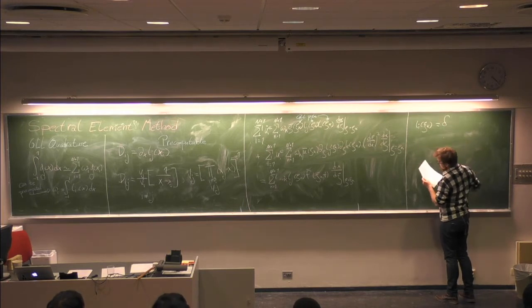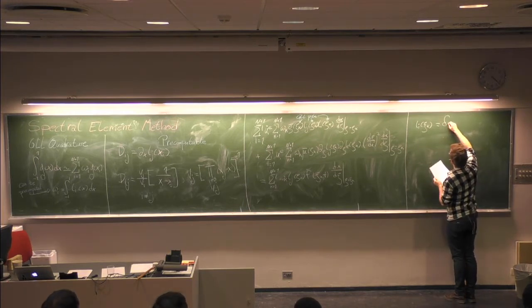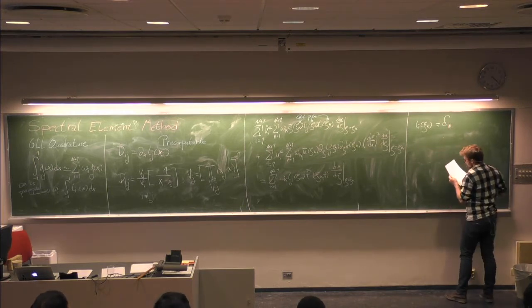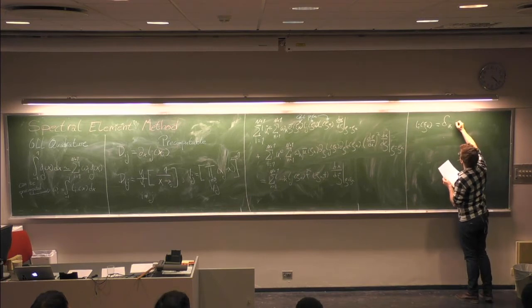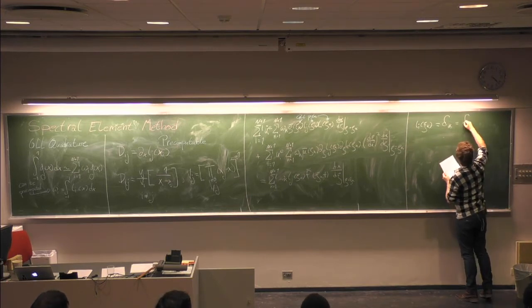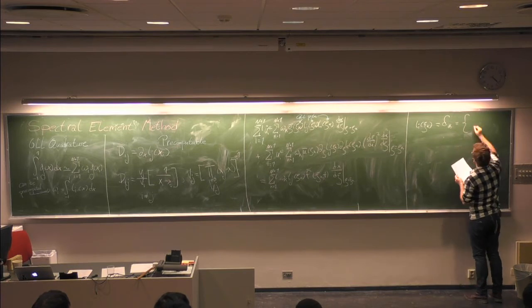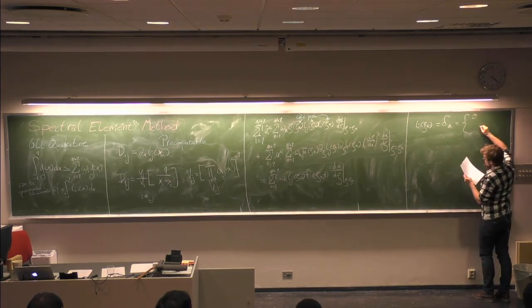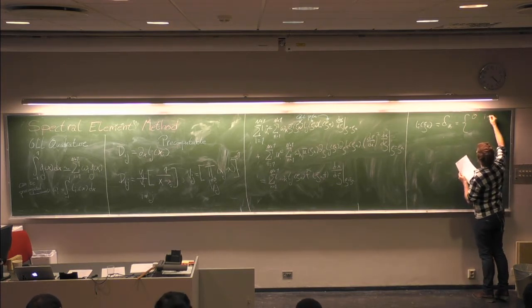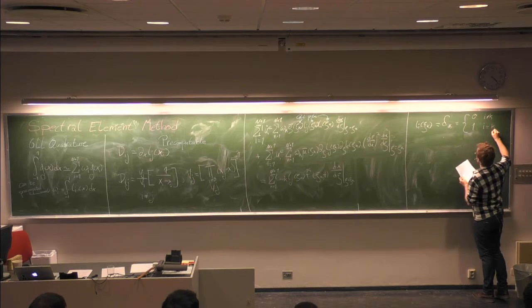This is equal to the delta function, sometimes called Dirac's delta, I guess. So this is 0 when i is not equal to k, and 1 when i equals k.